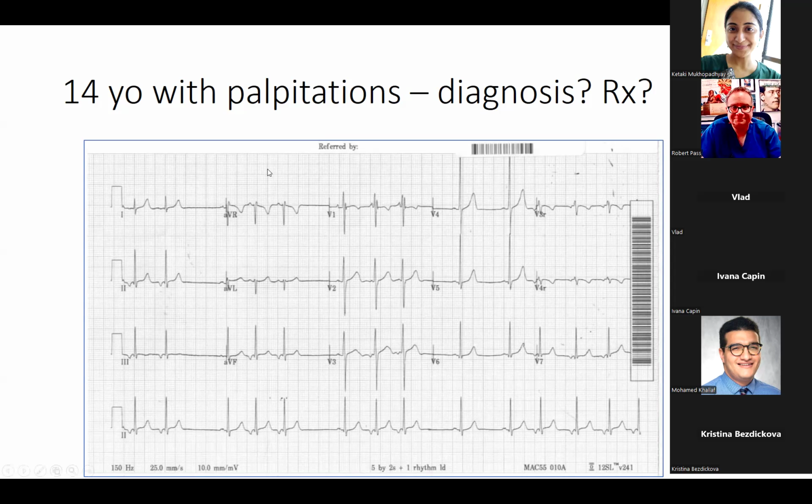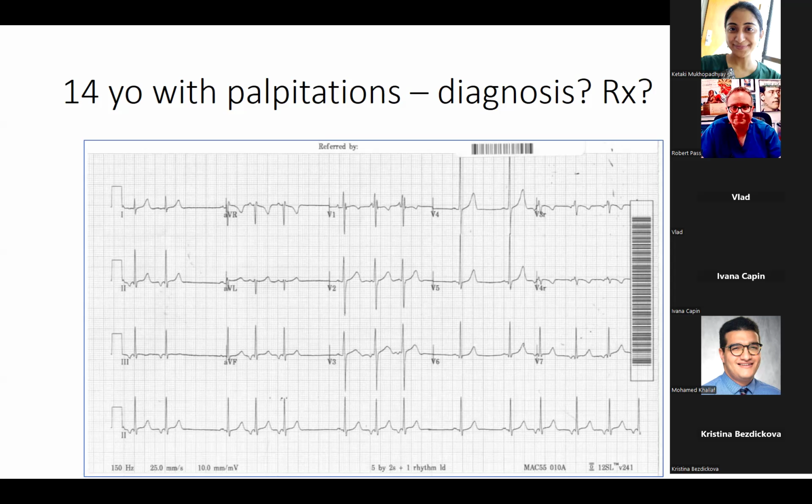What do you think? So looking at this EKG, I would say it looks like sinus arrhythmia. Looking at the rhythm, the R to R interval looks pretty regular. Well, is it really regular?